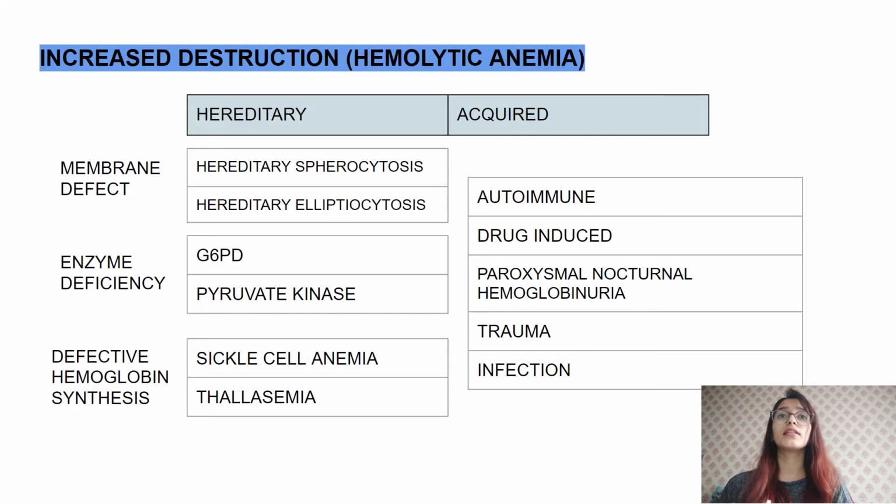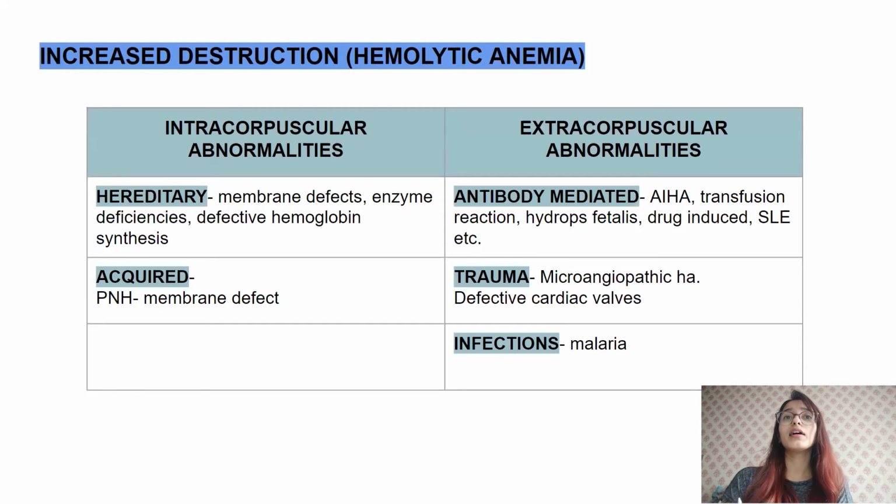This is the basic classification of hemolytic anemia, but there's also another classification given by Robbins pathology, which divides it into intracorpuscular or intrinsic causes, meaning some defect within the RBCs, and extracorpuscular abnormalities or extrinsic causes that can lead to hemolysis of RBCs.